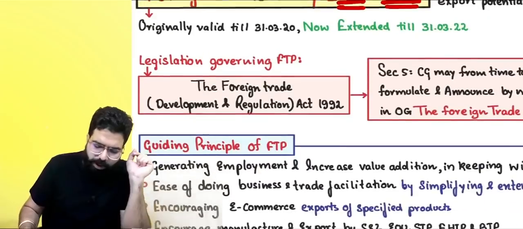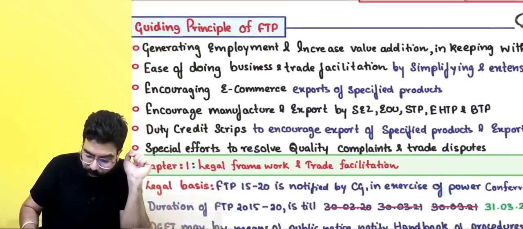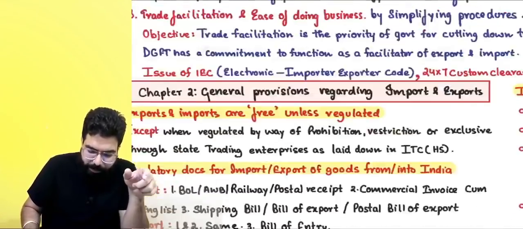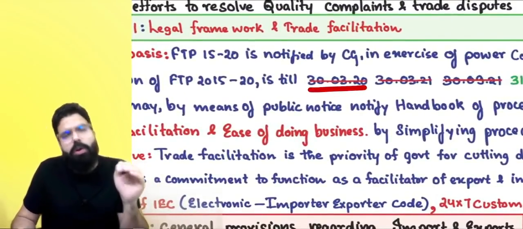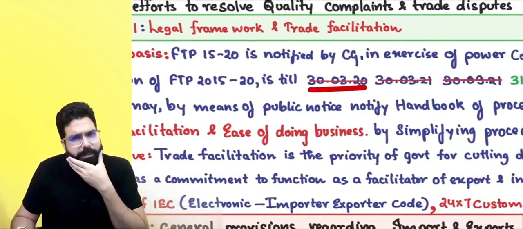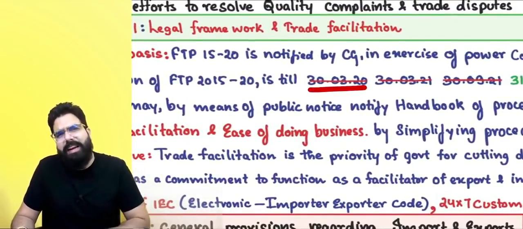But this foreign trade policy, 2015 to 20, was extended by the government. They said it was going to expire on 31st March 2020, and they extended it for one more year.